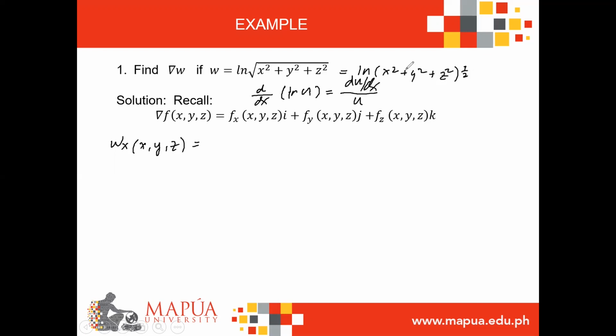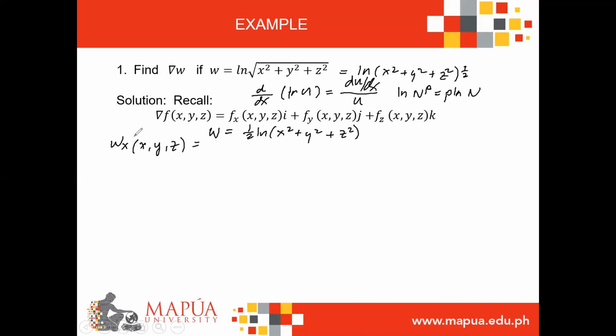Applying the property of natural logarithm, ln of a number to a power is equal to the power times ln of the number. Therefore, this function w can be rewritten as w equals 1/2 ln of the quantity x squared plus y squared plus z squared.